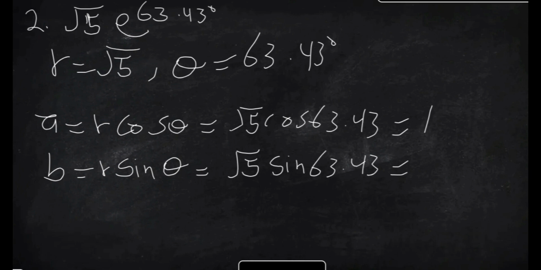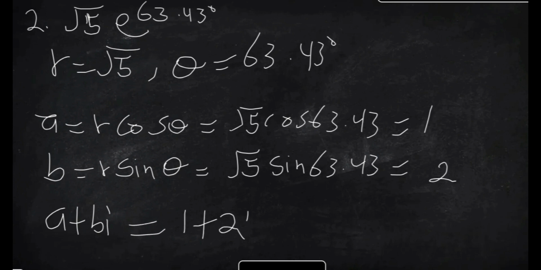That also gives a value of 2. So our a plus bi becomes 1 plus 2i as our rectangular form.